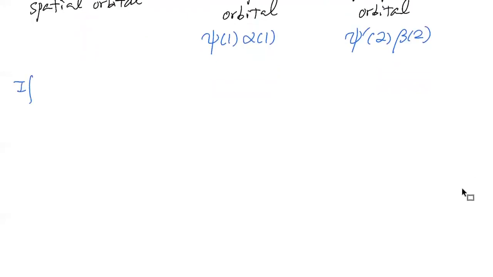If psi 1 is equal to psi prime 2, that is consistent with our conventional thinking about 2 electrons occupying the same spatial orbital, right? So this is really the conventional thinking.